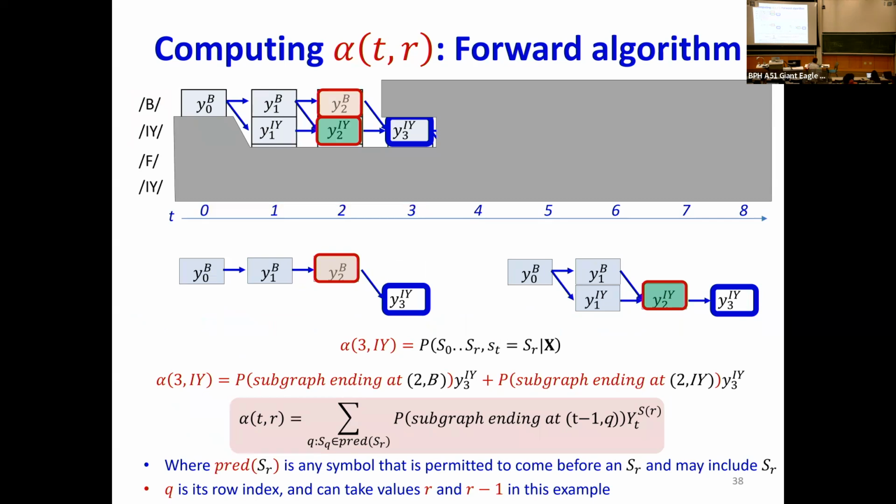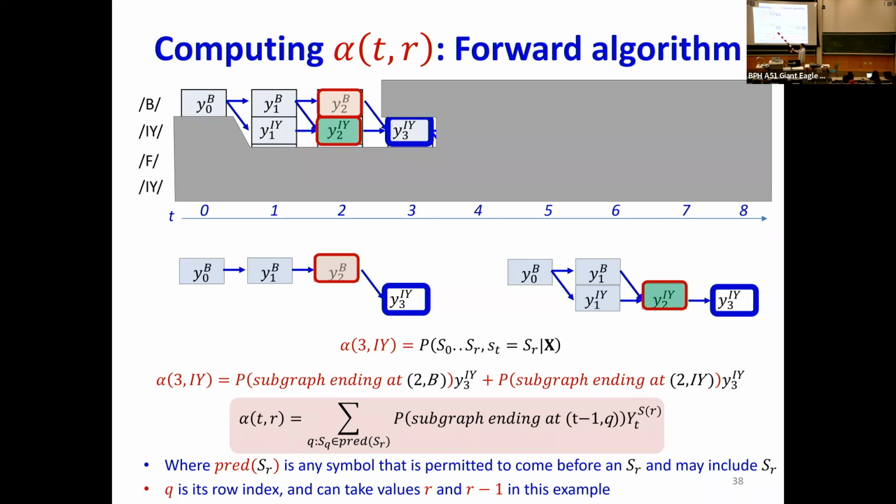So since there are only two ways of arriving here, the total probability of all paths that end up at this node is going to be the probability of this subgraph times y3e plus the total probability of all paths that end up here times the probability of extending that by this extra symbol. So it's the total probability of this subgraph times y3e, right?